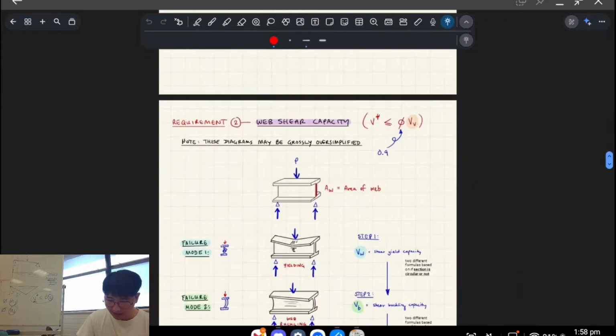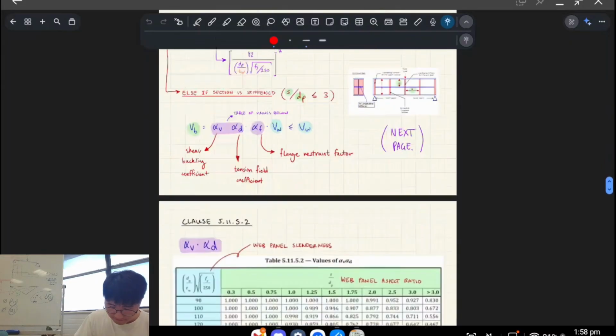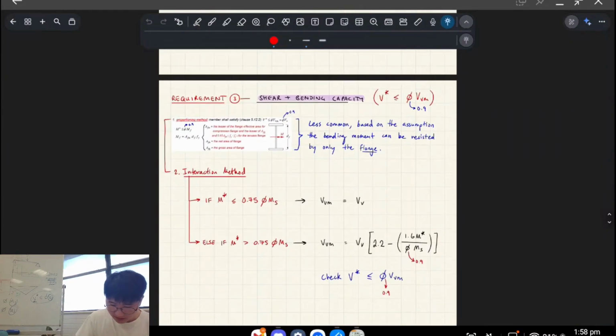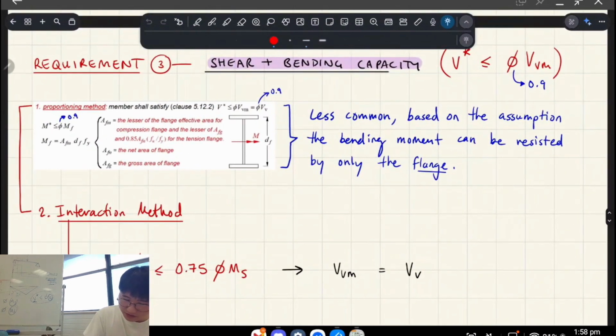So if I just scroll down to that, there's 2 methods which you care about. Number 1 is the proportioning method, and number 2 is the interaction method, okay?